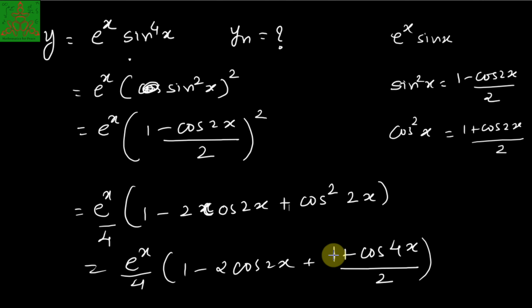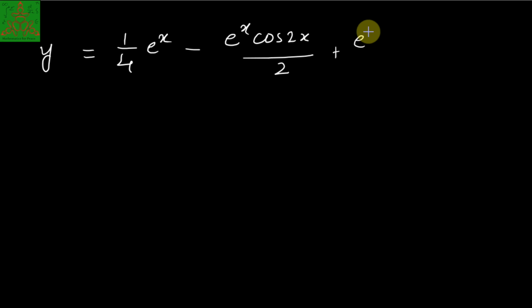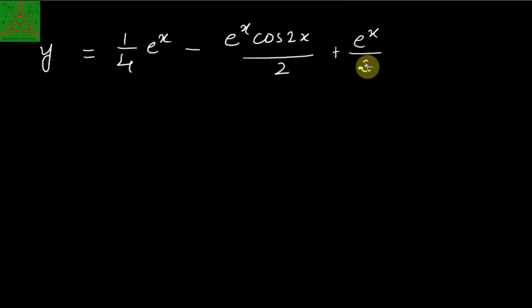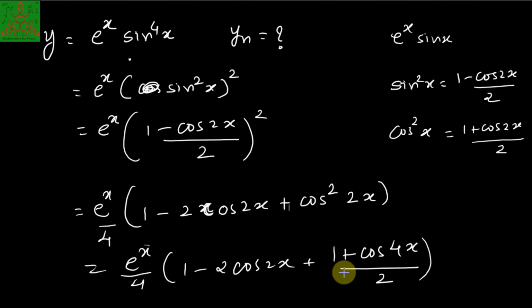This is e power x upon 2. So it is plus e power x upon 2. 1 by 4 is multiplied, so it is 1 by 8. Then it is e power x into cos 4x upon 8.